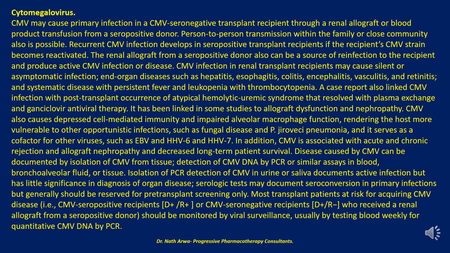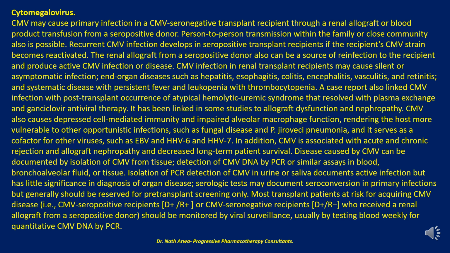The renal allograft from a seropositive donor also can be a source of reinfection to the recipient and produce active CMV infection or disease. CMV infection in renal transplant recipients may cause silent or asymptomatic infection, end organ diseases such as hepatitis, esophagitis, colitis, encephalitis, vasculitis, and retinitis, and systemic disease with persistent fever and leukopenia with thrombocytopenia.